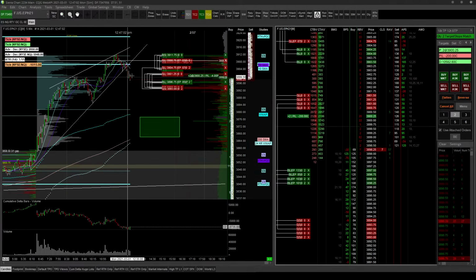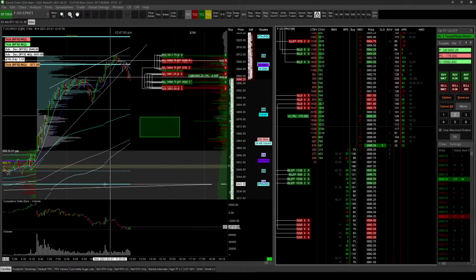Someone's got to actually set up your routing, and it's a little more complicated with futures.